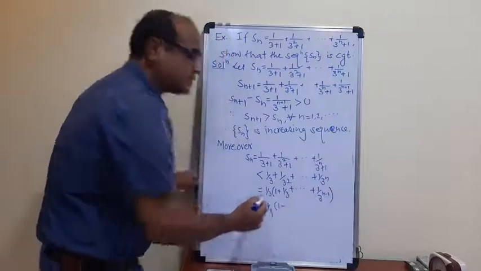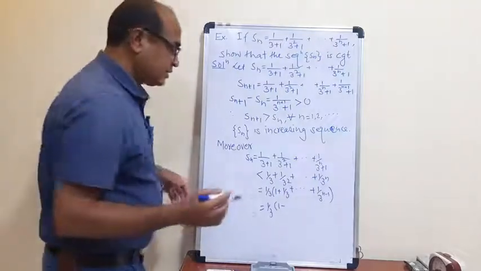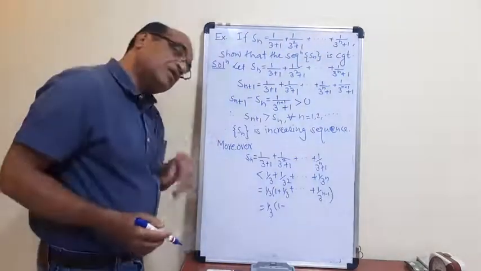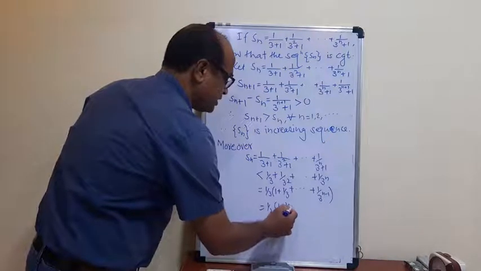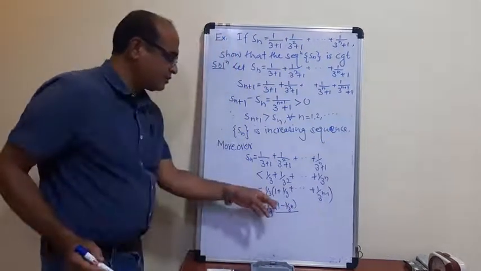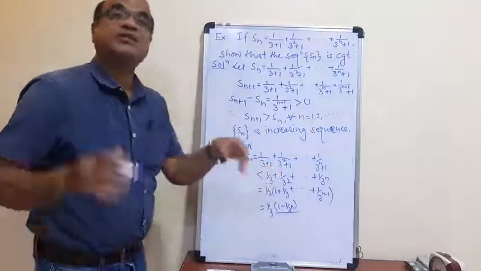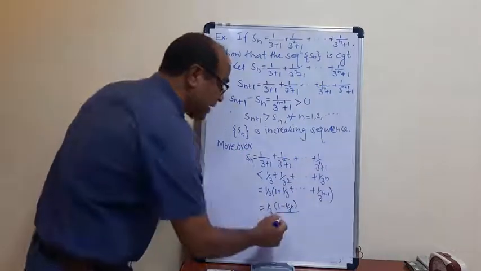So the sum is 1 minus r raised to n, where r is the common ratio 1/3, divided by 1 minus r.